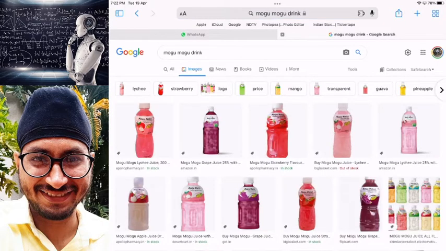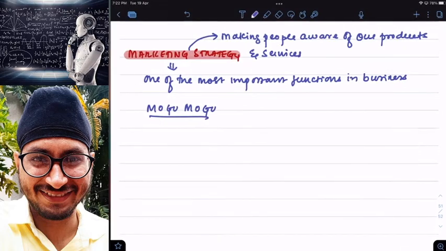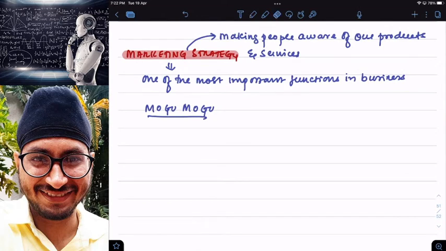Very rarely people know about this. Why? Because tell me, these people are doing advertisement or they are not doing advertisement? They are not doing advertisement. Since they are not doing advertisement or marketing, many people, I'm not saying all, many people are not aware about this product. That is why marketing is one of the most important functions in business.